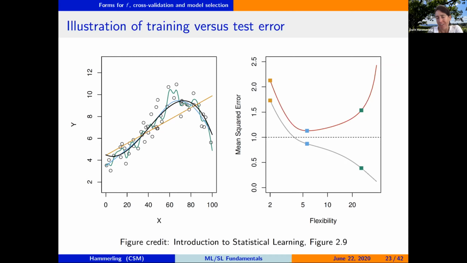If we look at the 2 markers here that are the yellow rectangles, you can see that they correspond to the linear model on the left-hand figure. The linear model does better on the gray line, like we would expect. So it does better on the training data than it does on the test data, which is the red line.